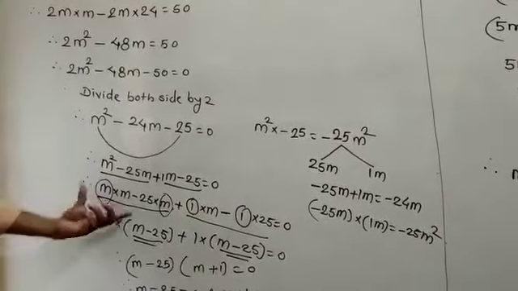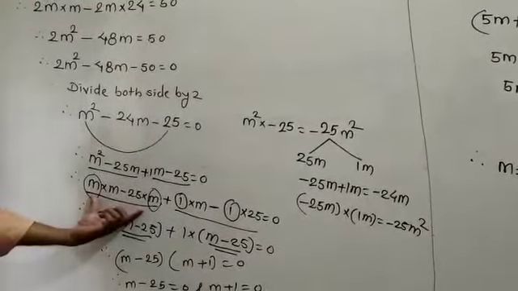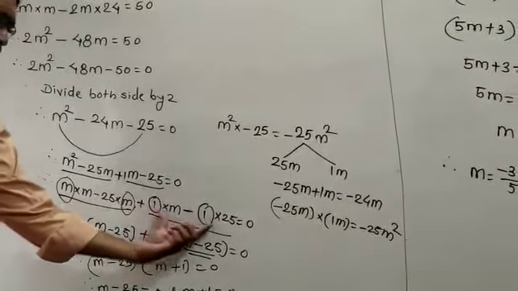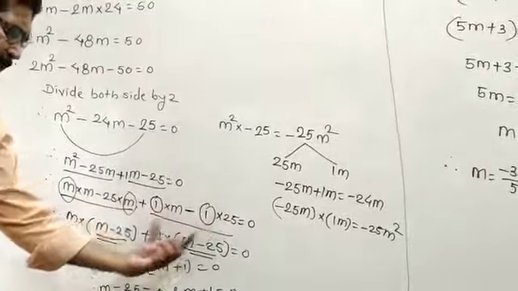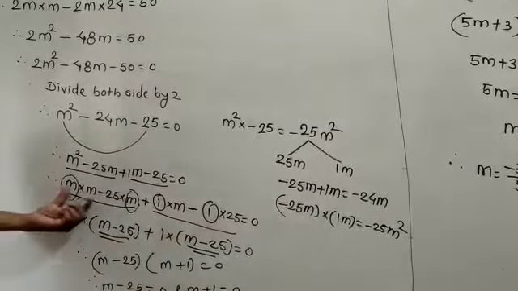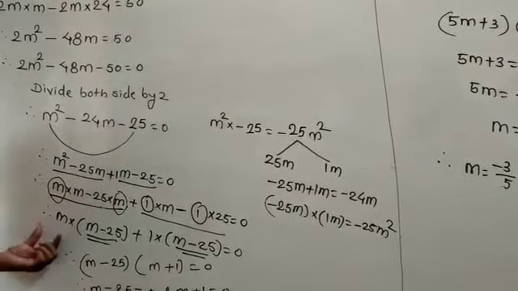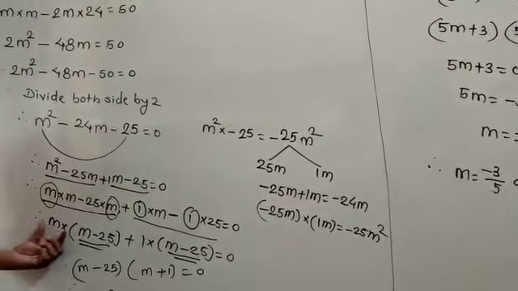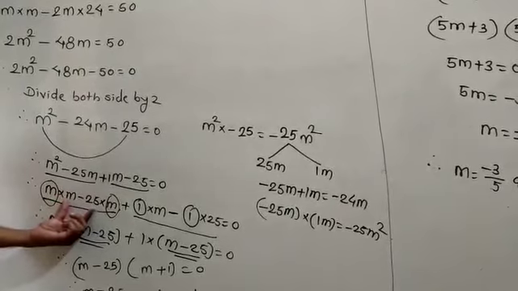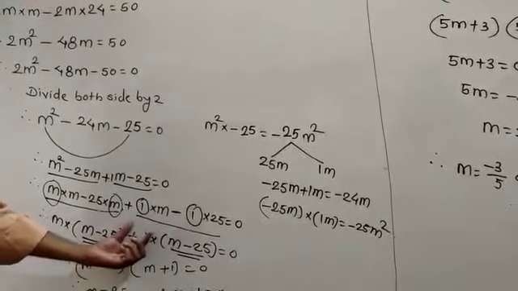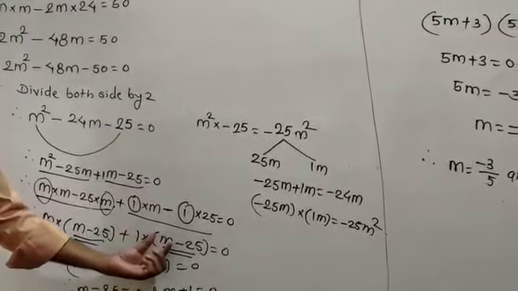Within the first two terms you have to take out one thing common, and from the last two terms you have to take out something common. Here the rounded things are the common things. So I will take out this m common. If this m comes common, whatever remains you have to write in the bracket, m minus 25. Plus 1 you have to take out common, at that time the remaining thing is m minus 25, is equal to 0.